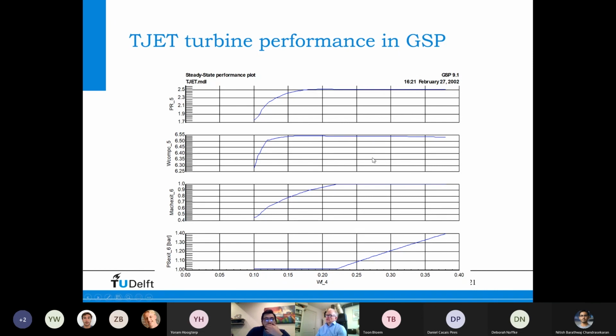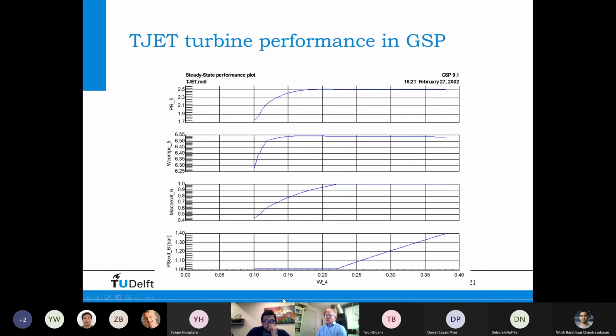The reason is that you can describe the characteristic of the turbine map using the inlet corrected mass flow, but you can also use the exit corrected mass flow. And we know if the nozzle is choked, the nozzle inlet corrected mass flow is constant.